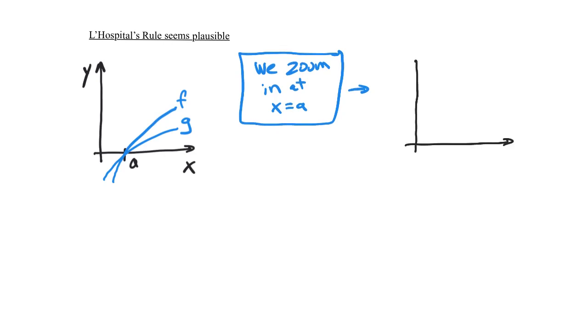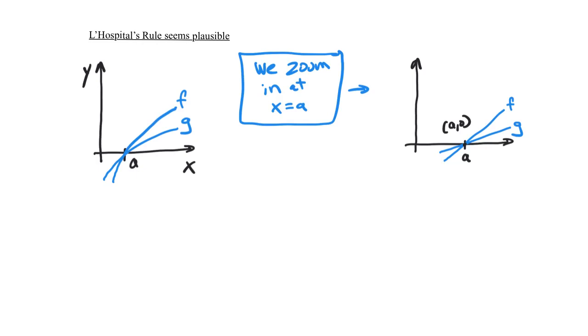So if we zoom in right at this point, now it looks like f is flat, and it looks like g is flat, because we're zooming in right there. Remember that this point here is the point (a, 0). X is a, y is 0.